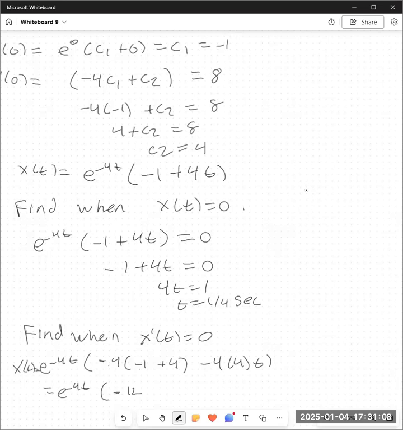Then this was -4 C1 plus C2. Sorry, missed a parenthesis there. So -4 C1 plus C2, that's 4 plus 4 is 8, minus 16t. There we go.